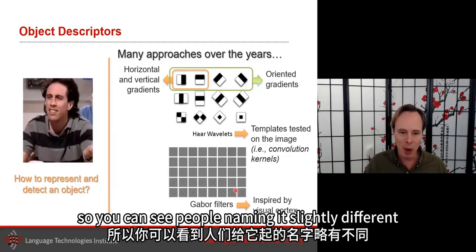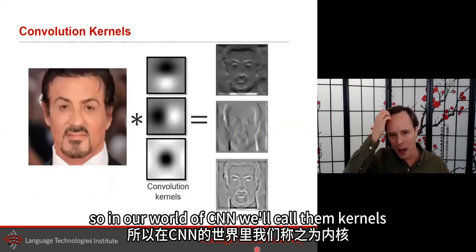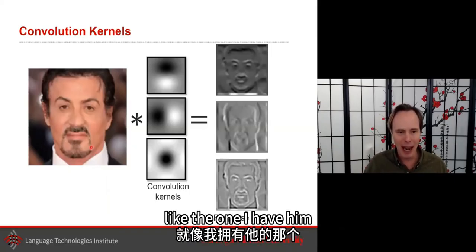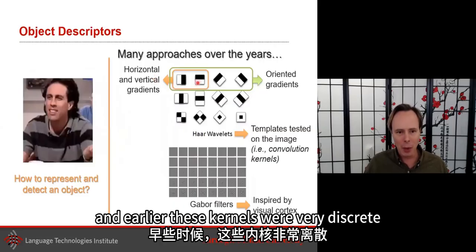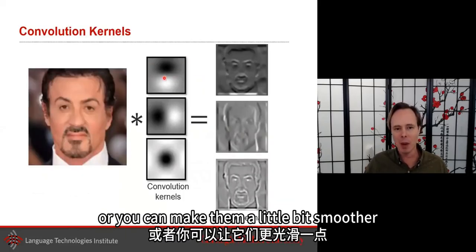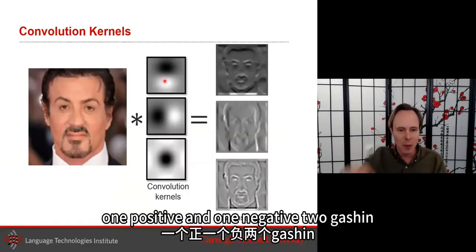Based on this intuition, this is where the idea of kernels or templates came in. You can see people naming it slightly differently. In our world of CNN, we'll call them kernels. So what this means is I have an image like the one here, and then I will have kernels. Earlier, these kernels were very discrete, and that's often what we'll use. Or you can make them a little bit smoother, like two Gaussians, one positive and one negative.